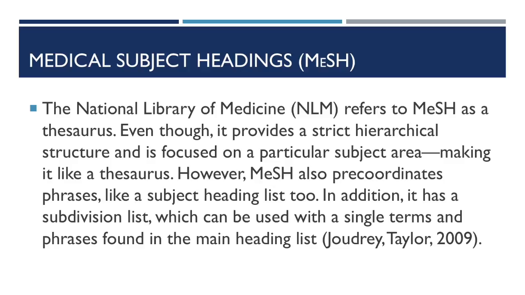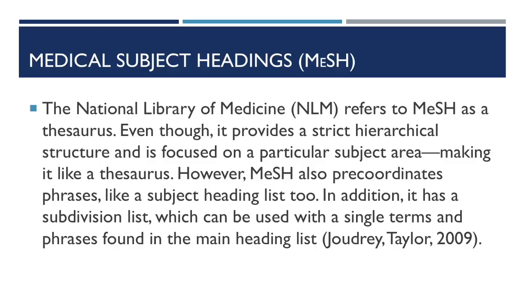And then the third one is, again, the medical subject heading. The National Library of Medicine refers to MESH as a thesaurus, even though it provides a strict hierarchical structure and is focused on a particular subject area, making it a thesaurus. However, MESH also pre-coordinates phrases like a subject heading list as well.